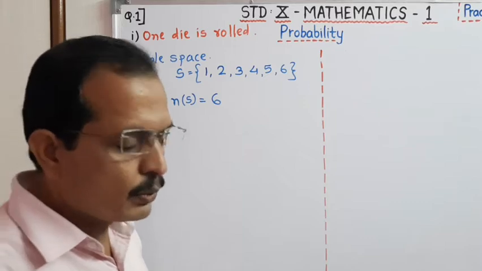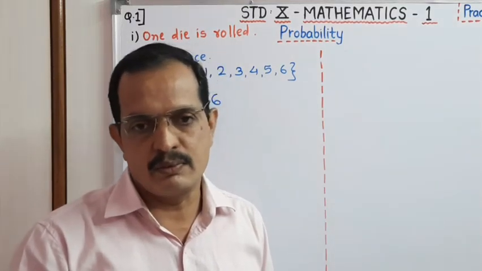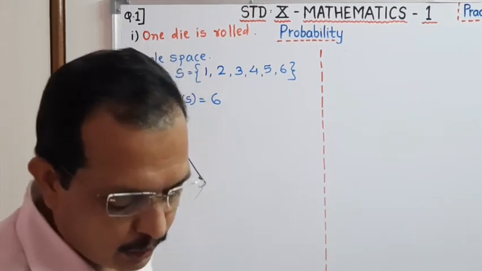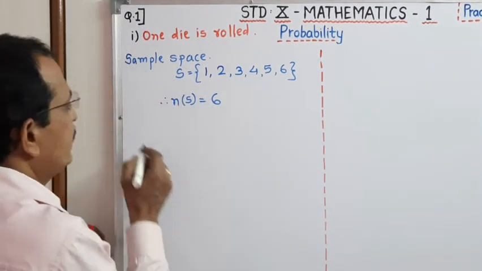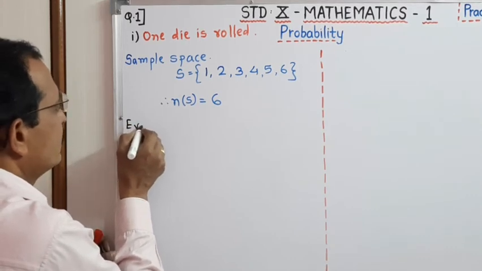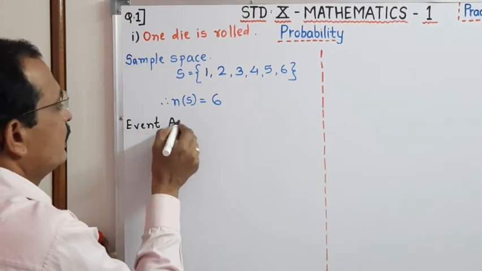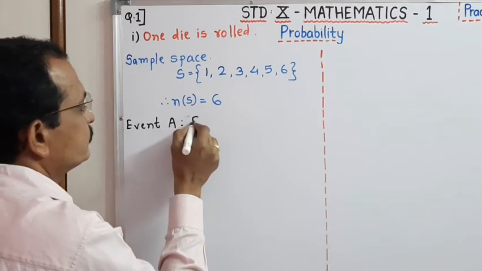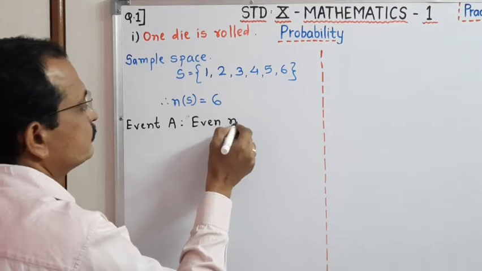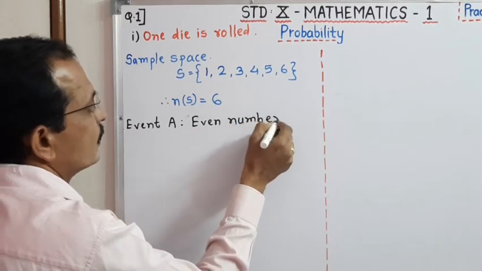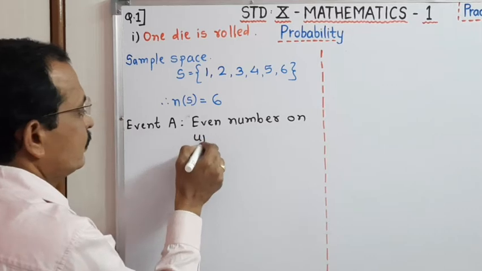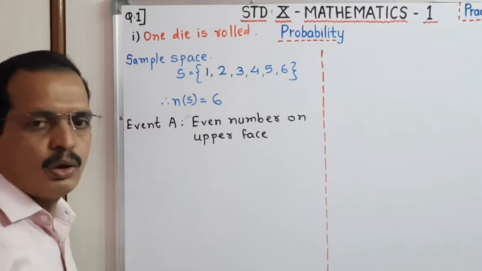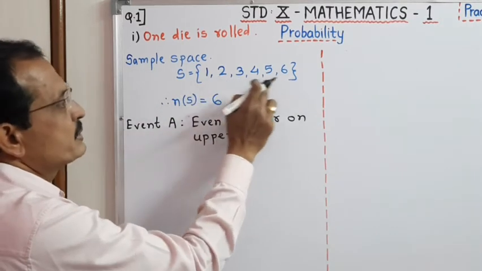After that we have to write the 3 events that are given. Now say the event A, even number on the upper face. Therefore we have to write event A, even number on upper face. See dear student, sample space is given.